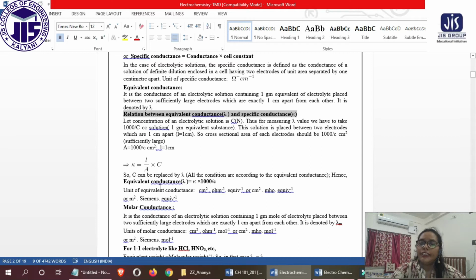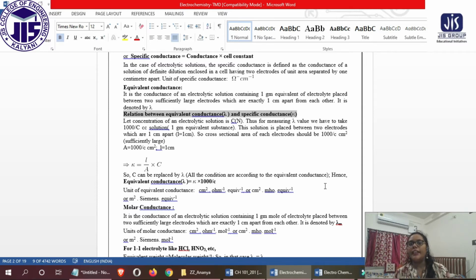Okay, so here we have to put in all the values. C can be replaced by lambda, because all the conditions are according to the equivalent conductance. As the electrolytic solution we are using contains 1 gram equivalent, C can be replaced by the equivalent conductance lambda.